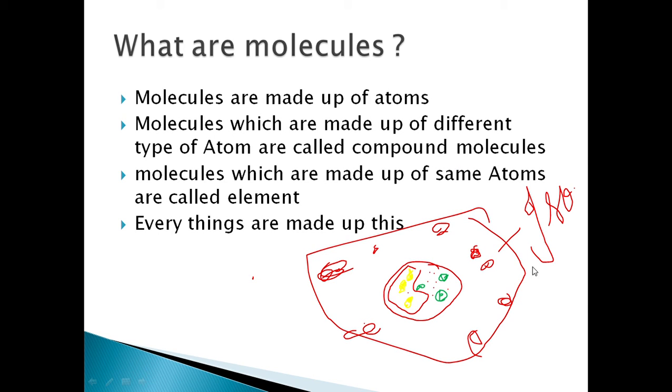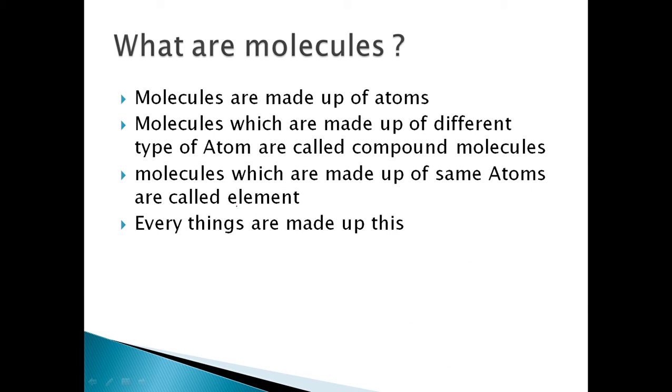Okay, so now let's come back to our explanation. Once again, molecules which are made up of different types of atoms are called compound molecules. So let me make a rough drawing of a molecule. It's our first atom, which is joined to our next atom, and the next atom is joined to another atom, and it's joined to our first atom.